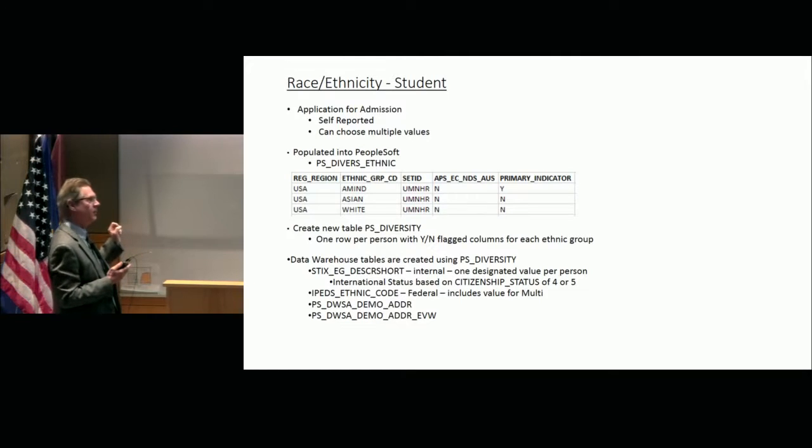And what happens there, let's say a student, and I'll use Morris as an example, there's a significant number of students there who self-report, say, American Indian and white or Caucasian. And when we report to the feds, that's going to show up as multi, but you don't know which multi it came from.